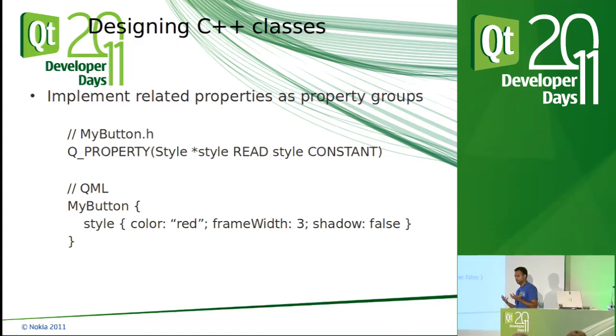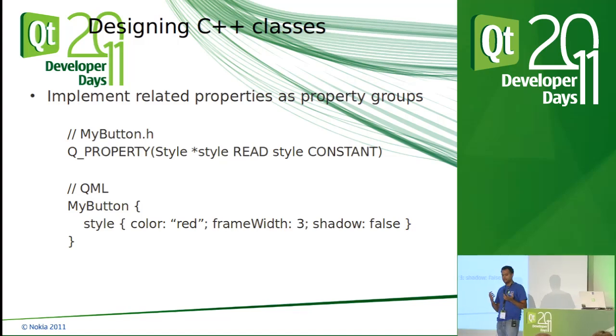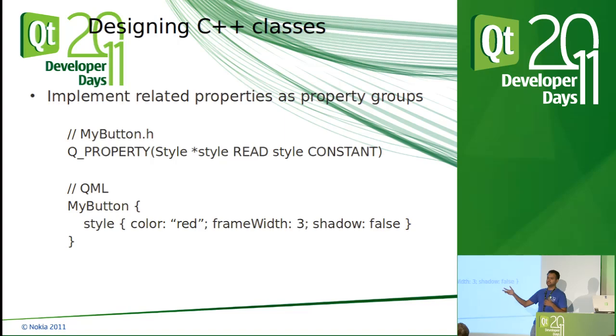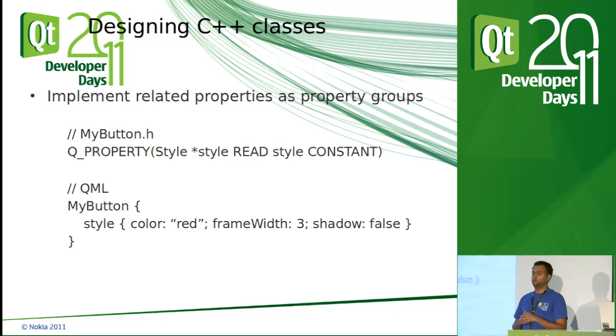When designing your C++ class, you should try to group all related properties into a separate QObject. So let's assume you have a class called button, and it has a lot of style attributes. What you can do is have a separate object called style, and inside style you can have separate properties like color, frame width, and shadow.